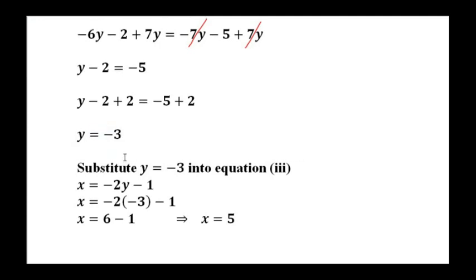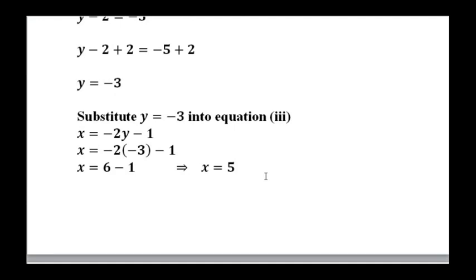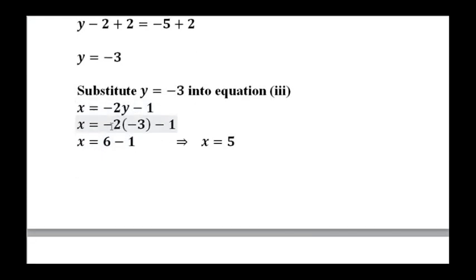To find the value of x, let's substitute y = -3 into equation 3. Now equation 3, x = -2y - 1 becomes x = -2 times -3, minus 1. Now the product of -2 and -3 is positive 6, and the difference between 6 and 1 is positive 5, which is the value of x.